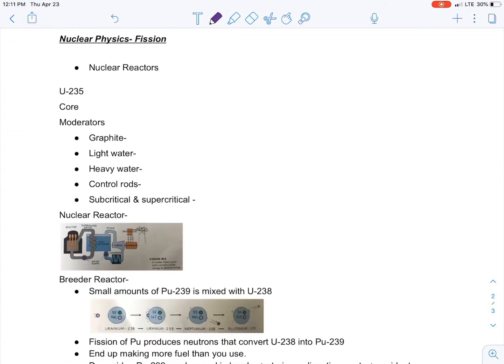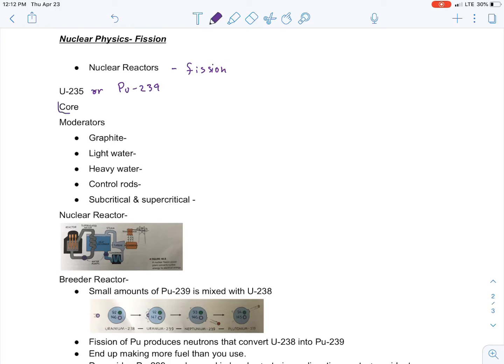So, nuclear reactors. Now, a nuclear reactor is fission based, right? This is the fission section. So, fission, right? And they're going to use either uranium-235, or they can also have plutonium-239, which we'll talk about, all right?